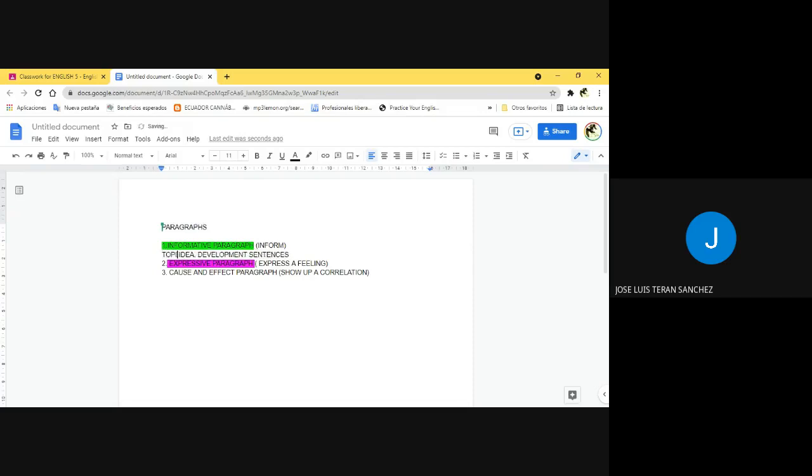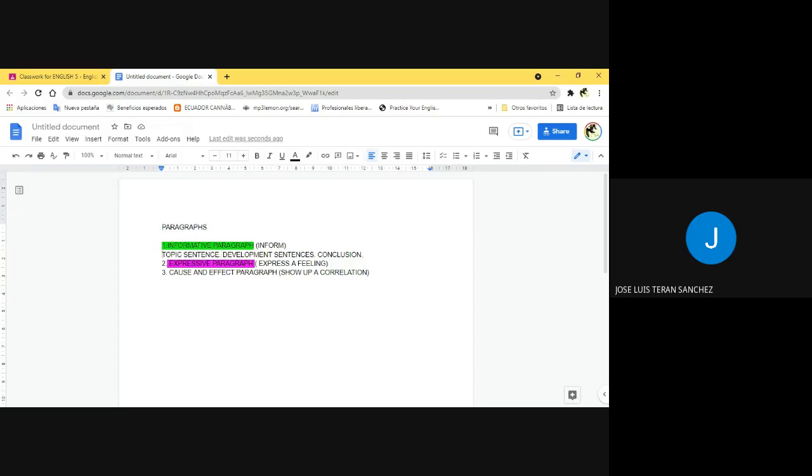The topic sentence at the beginning. Yes, then the development, and finally you have the conclusion. That is the structure of an informative paragraph. Usually it is like that.